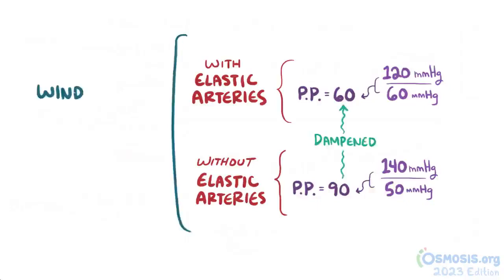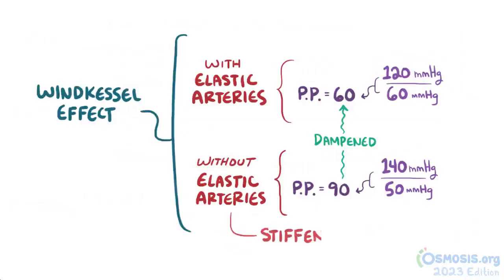And this whole phenomenon is known as the Windkessel effect. As a person ages, healthy, compliant arteries become stiff and non-compliant. And this results in blood vessels that behave a lot more like the non-elastic case, which means pulse pressure ultimately goes up.